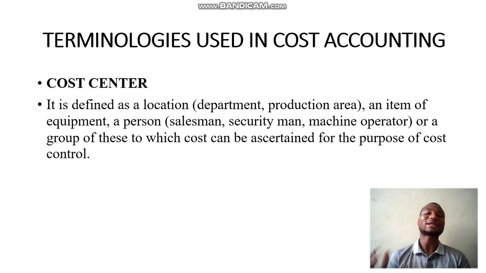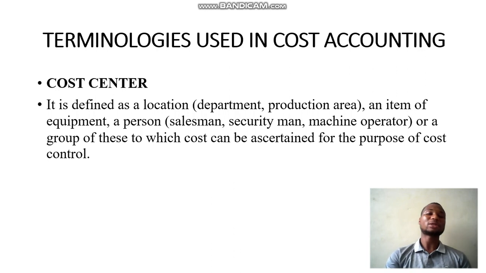But that is a cost center. It is a location, an item of equipment, or a group of all these combined, in order for us to determine or ascertain costs. And why do we ascertain costs? For the purposes of cost control. These are key terms that you will learn later on: cost control and cost ascertainment.